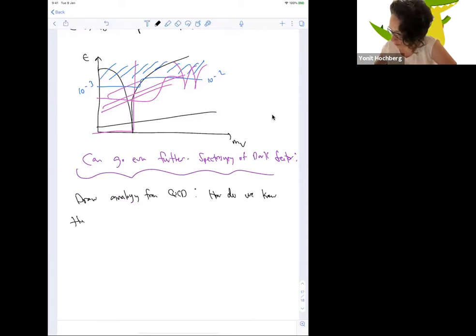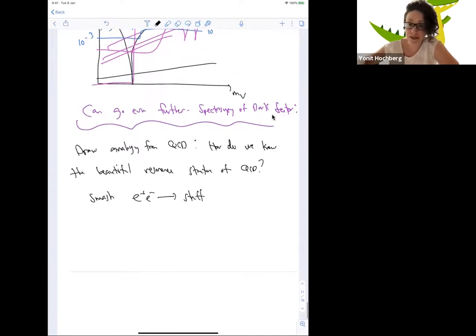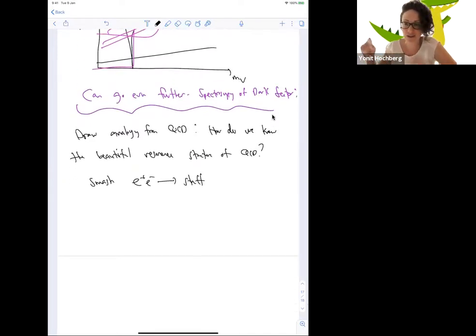The answer is that we smash electrons and positrons on each other, and they go to all sorts of stuff that hadronizes. By scanning the center of mass energy at which we smash stuff at each other, we scan the stuff.